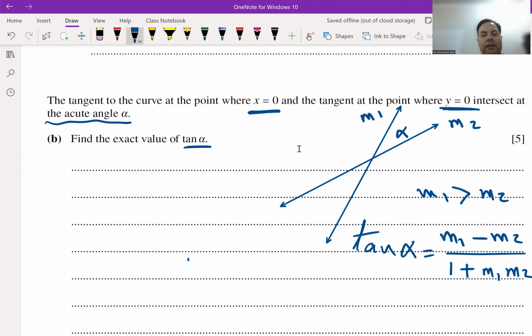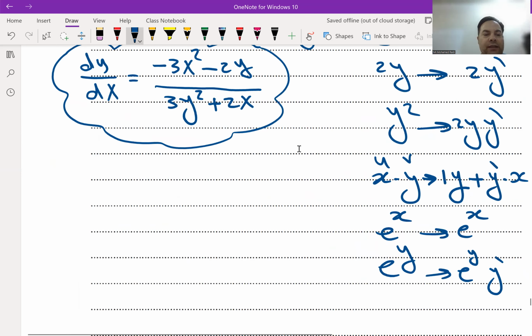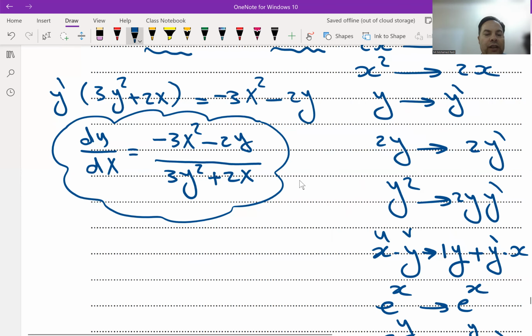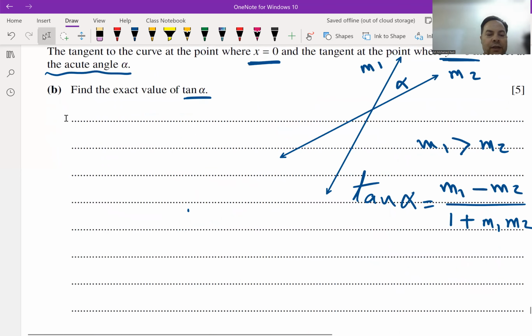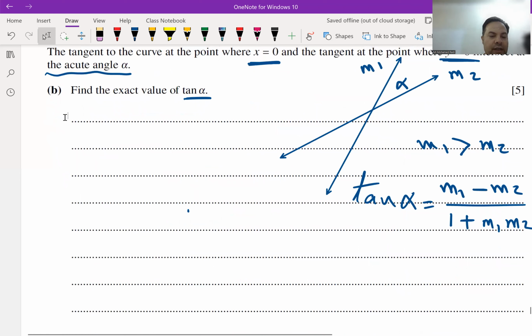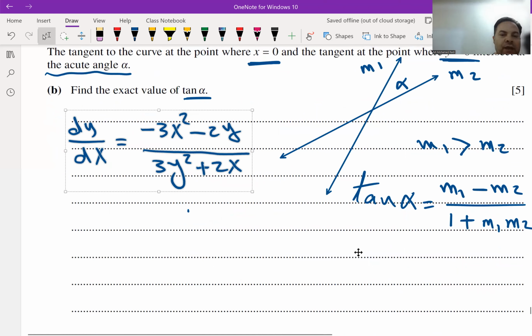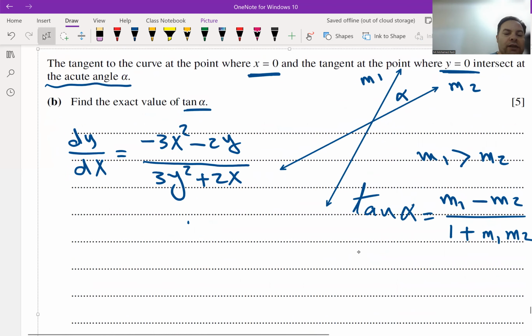We already have dy by dx, so you can use it to get the gradient at the given points. I will start from this point, where we already have the gradient in terms of x and y. For x equals 0, let's first find the values of y.